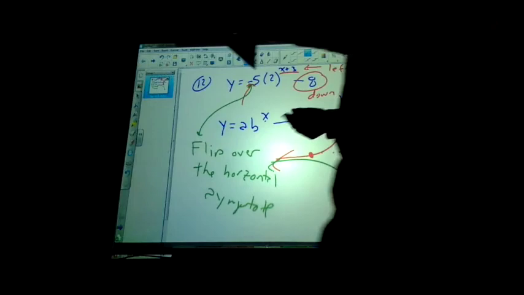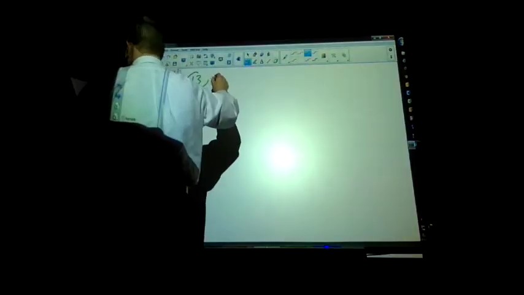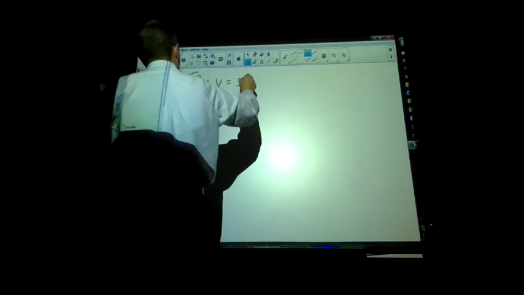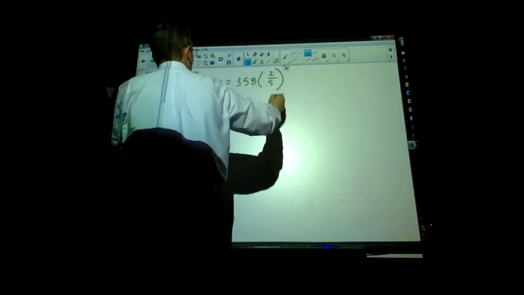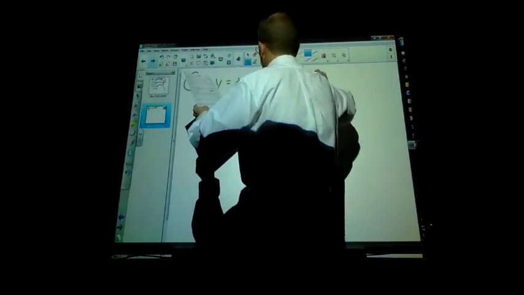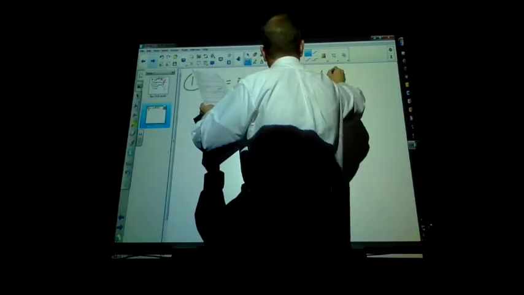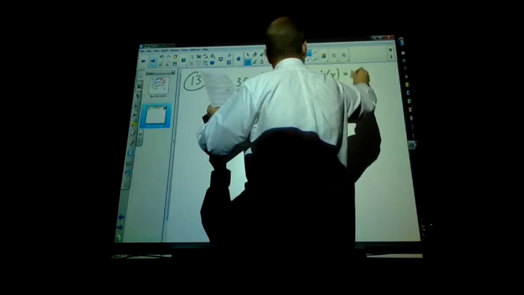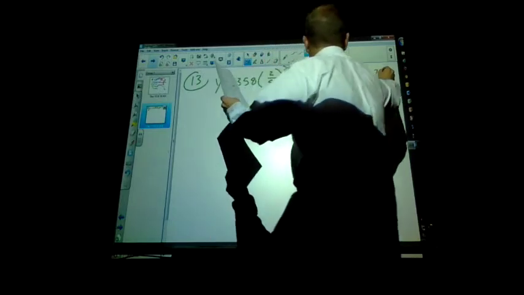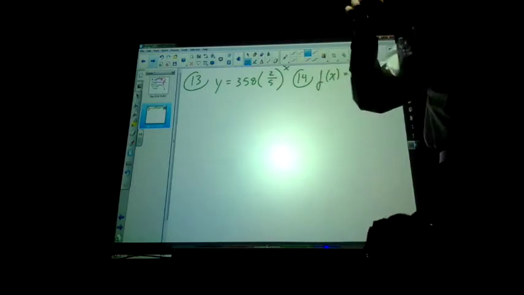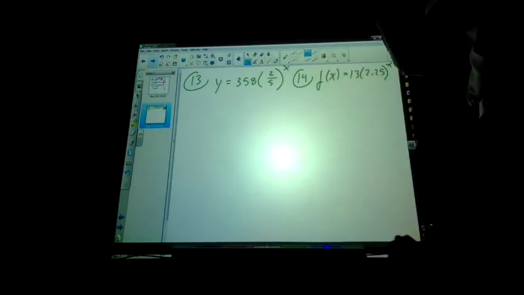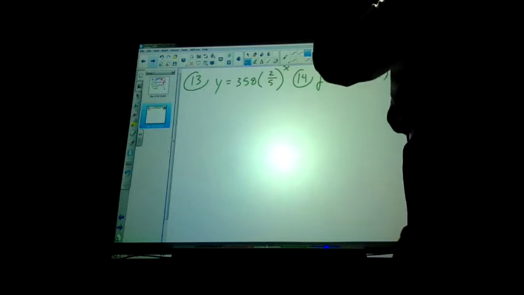All right, 13 and 14. Identify the functions as modeling either growth or decay, and then give their percent increase or decrease.